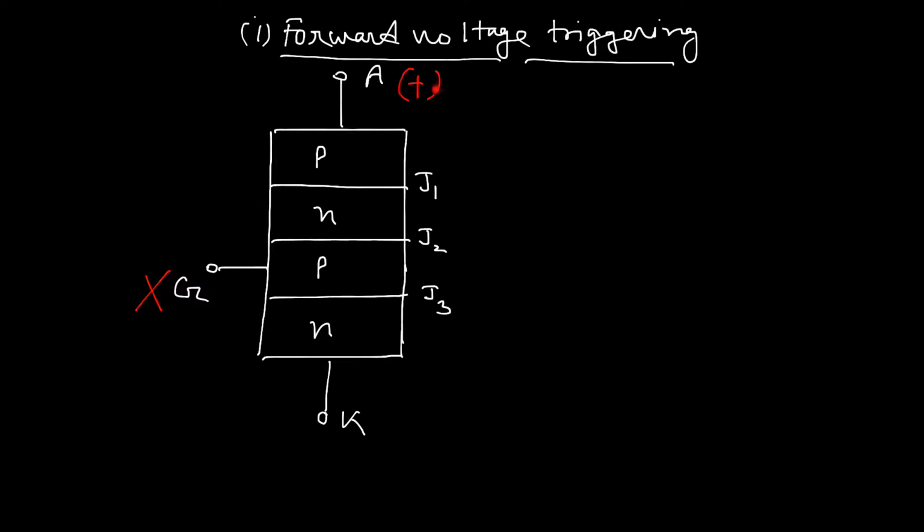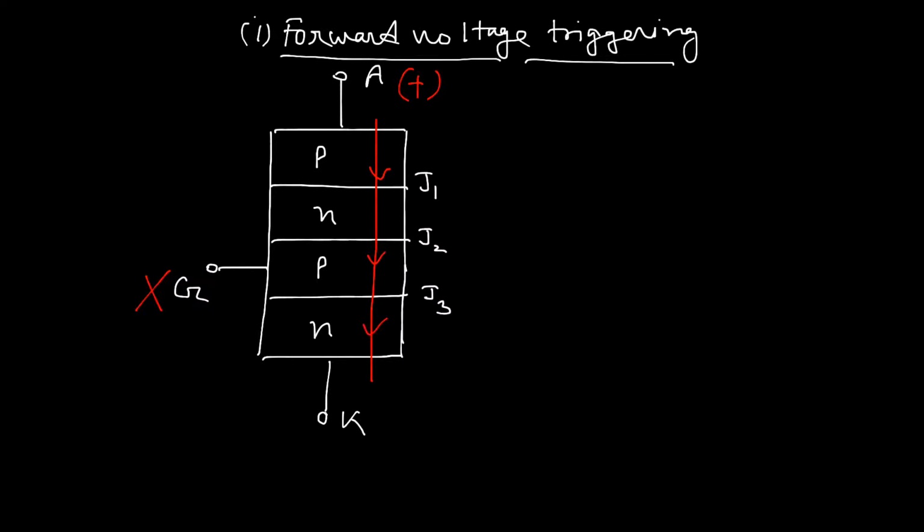Suppose again we increase the biasing voltage, the depletion layer will be reduced again, and when the biasing voltage reaches just above the forward breakover voltage, or VBO, then the depletion layer across junction J2 vanishes due to avalanche breakdown of the majority carriers. Then the device is in the working state, or on state. Then the current can easily conduct throughout the device from anode to cathode. So this is called forward voltage triggering.